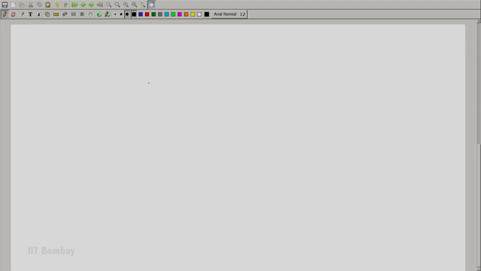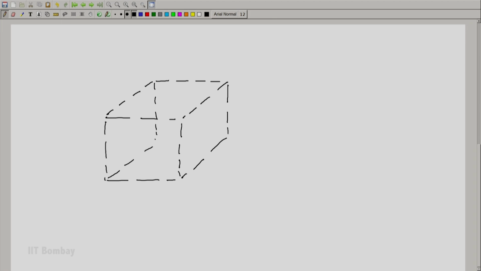Here I cannot show the boundaries, but on a drawing or a sketch, I can show that my system consists of a cubic region 10 centimeter by 10 centimeter by 10 centimeter. Of course, the other edges would also be there, all 6 surfaces and 12 edges.